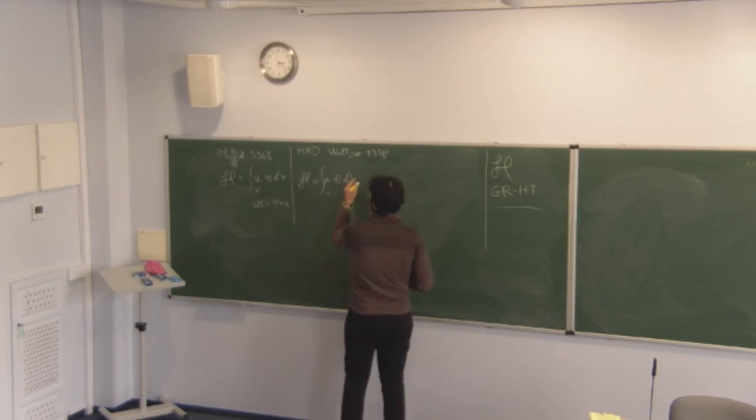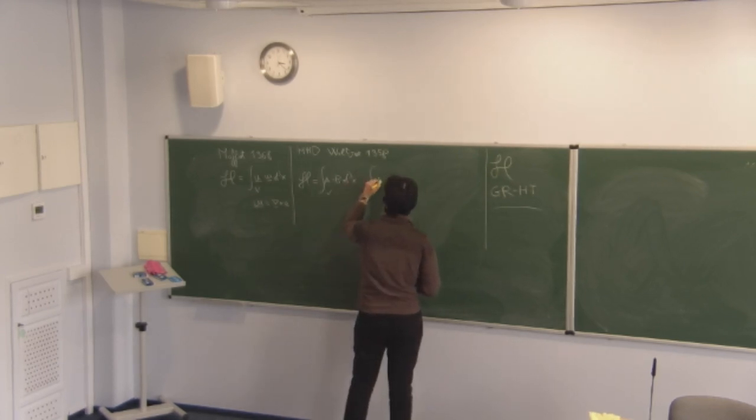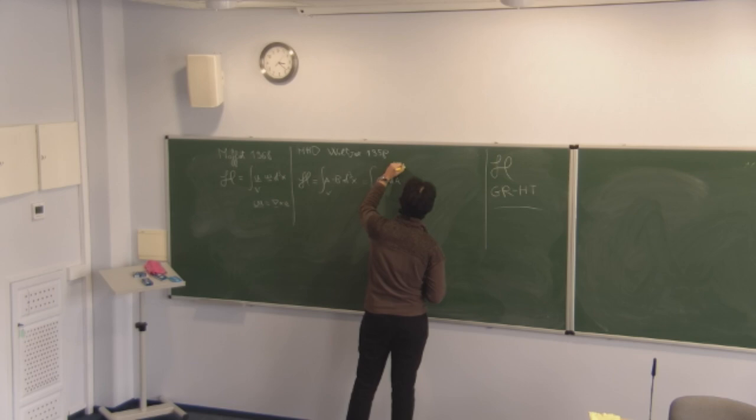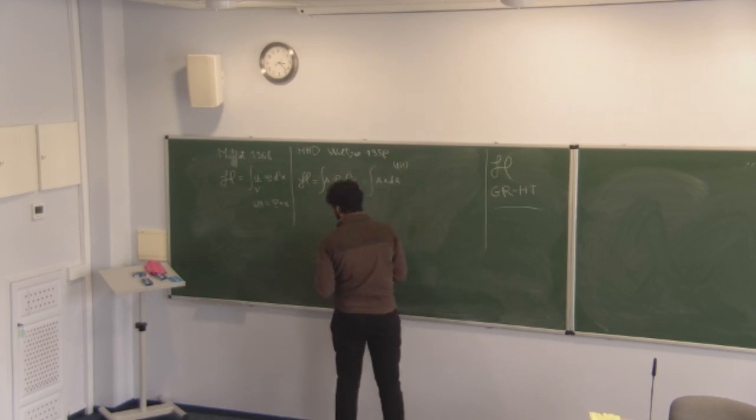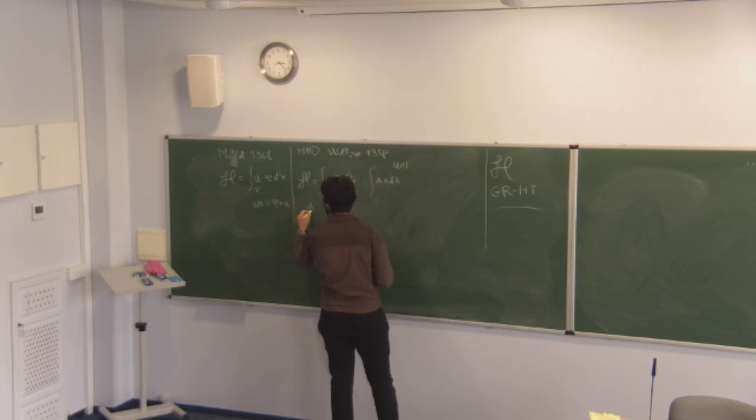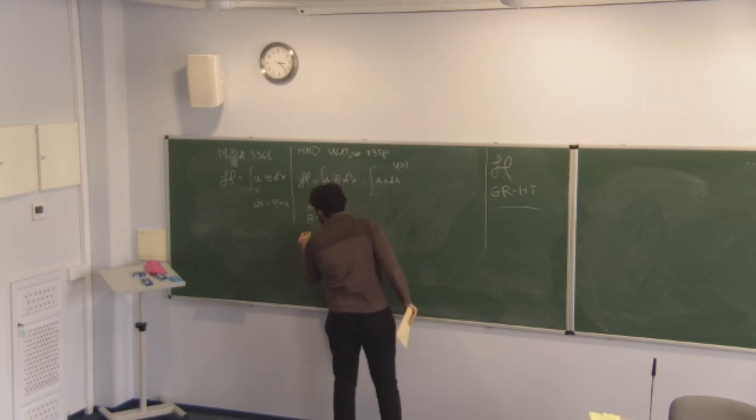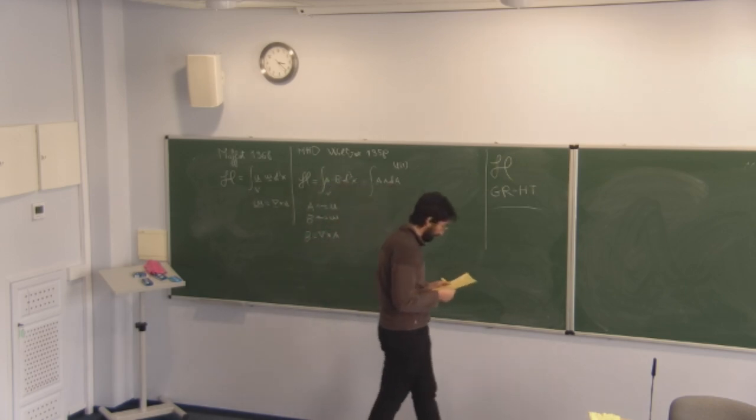A·B. You can already see here is the Chern-Simons for the abelian case. A∧dA for U(1). And here basically it's very easy to see that the gauge potential is your velocity field and your magnetic field is the vorticity. Because the magnetic field obviously is the curl of A. Super simple.